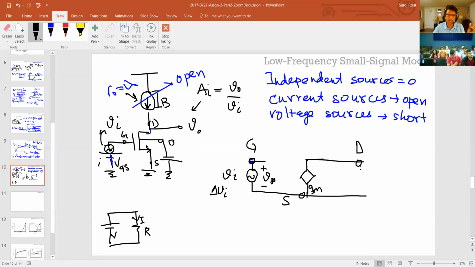Now, if you increase the voltage in this direction, the current IDS will increase, which means that the phase should be in this direction, right? So that's what direction means. And it could be very confusing in the beginning, trying to figure out what a current source in a small signal model means, but it just means incremental change in voltages to incremental change in currents.